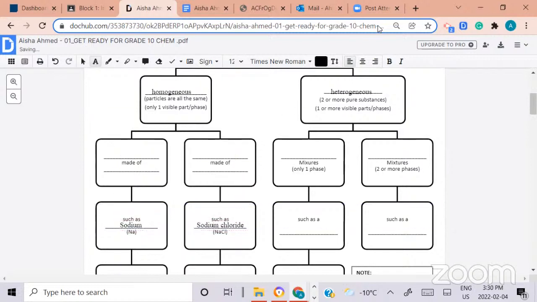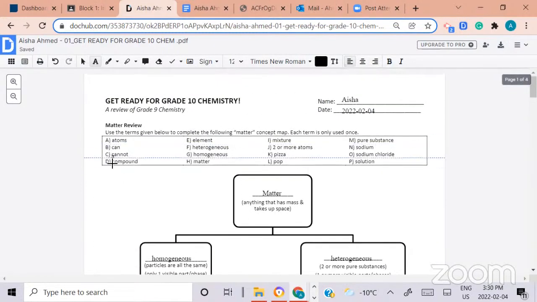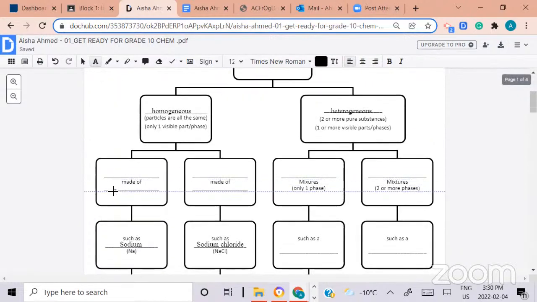Okay, awesome. And then in the box above sodium, you're going to write element, because sodium is an element found on the periodic table of elements. I think you should put it on the top line for now. So write element.